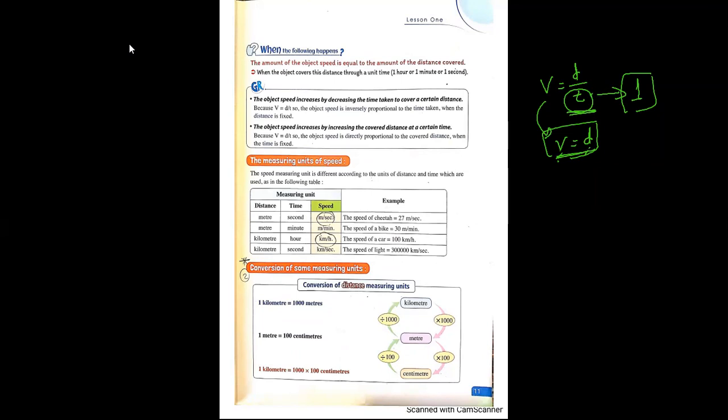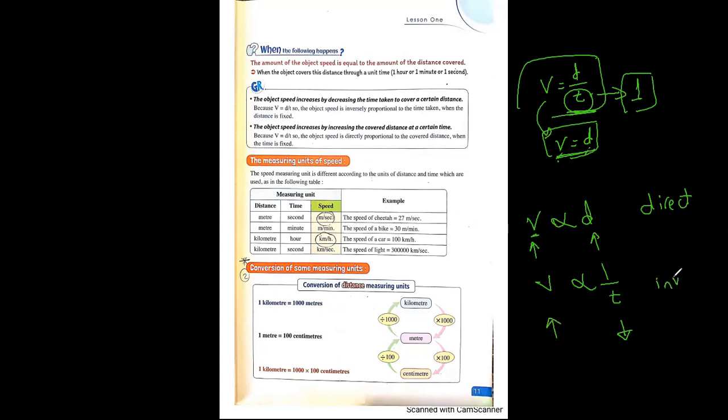Because when I write the law, v is directly proportional with d, while v is inversely proportional with t. A direct relation means when d increases, v also increases. When t decreases, v increases. This is an inverse relation.